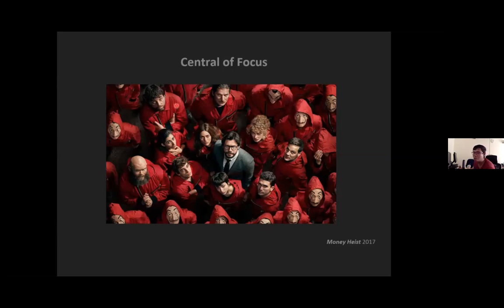Among a pool of red, what color stands out? Professor stands out because he's the dullest one. So on a film, usually we use a lot of different colors to create a central focus. Not only that, we use brightness and darkness to create that. I'm going to show you later in our practical class.